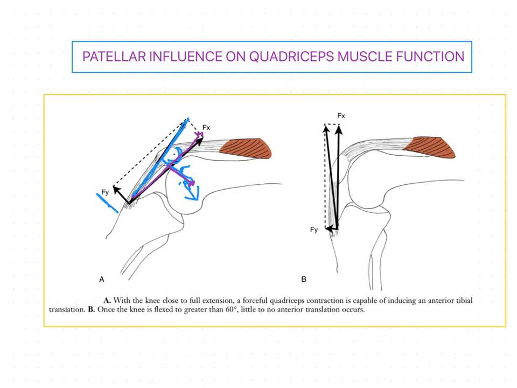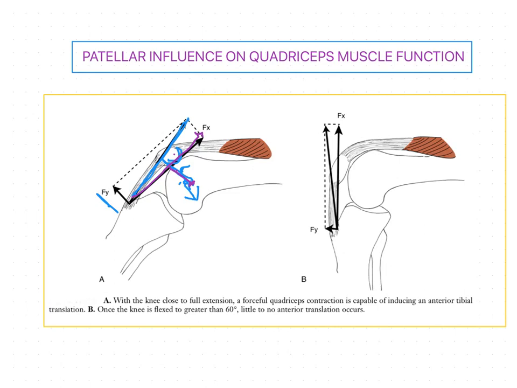Based on this principle, the distance of this moment arm gives greater efficiency to the quadriceps muscle function. Is the patella influencing throughout the range of motion, or only in some degrees of the range of motion?